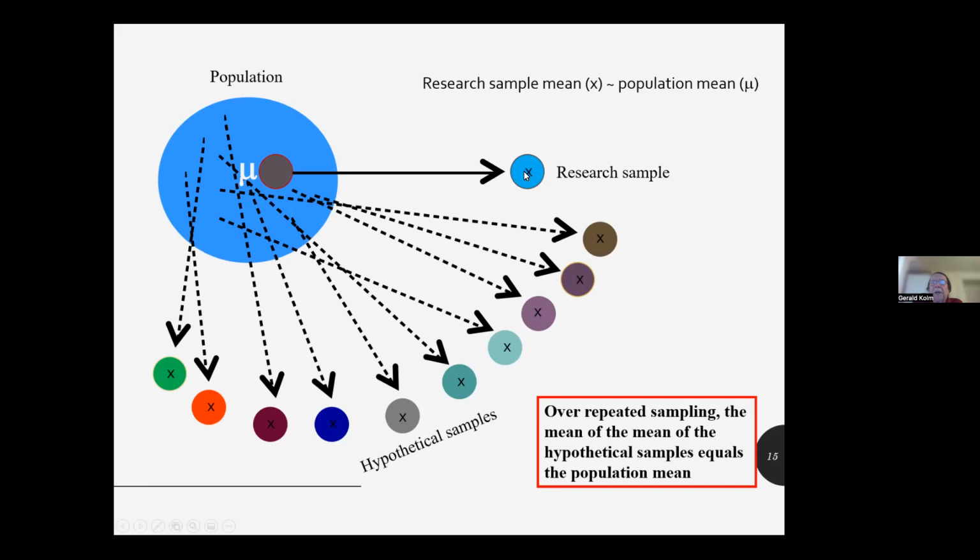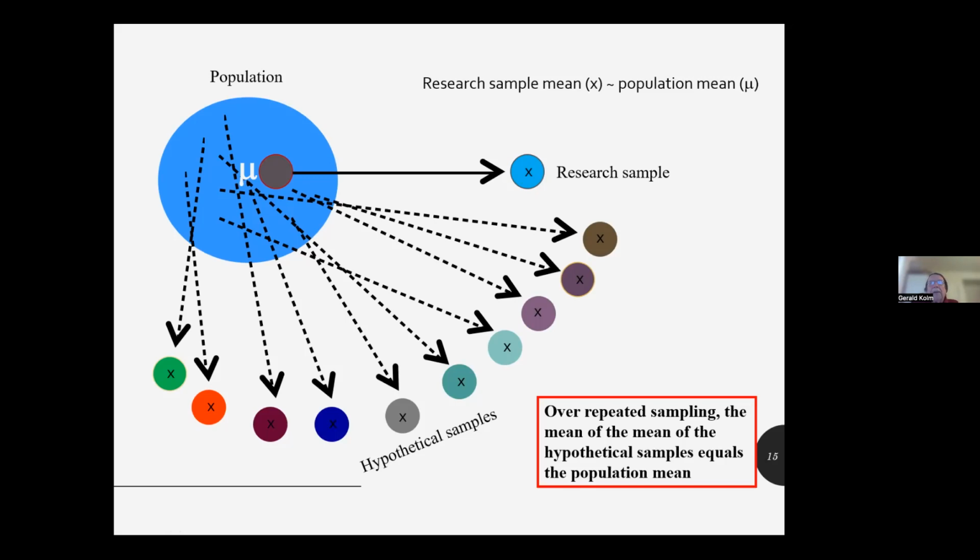The research sample is what we're going to base our conclusions about our study on. If we have, say, 2 cancer treatments, which one worked better, or neither one of them worked, or they worked about the same.